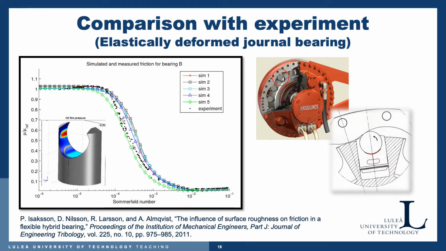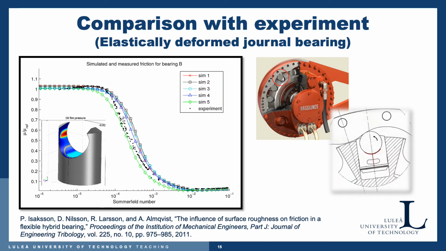But if we focus on this contact, we can see here to the left a figure displaying the friction coefficient, at least the relative measure, against the Sommerfeld number, which is similar to the Hersey parameter. And here we can see the CAD and a color map displaying the pressure distribution within this flexible journal bearing, where the roller is contained.